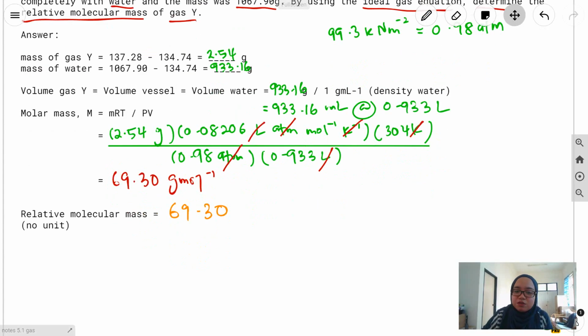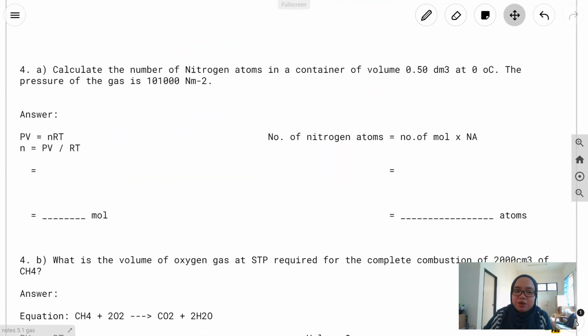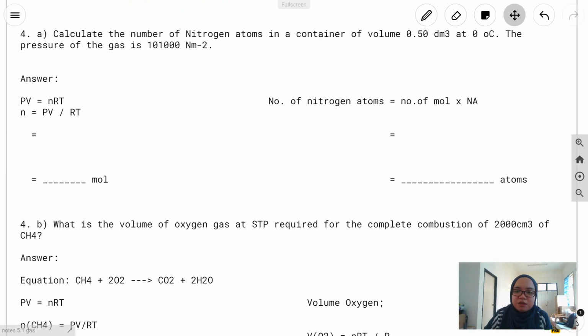Next, we move on to the last question we are going to learn today, question 4. We are going to continue tomorrow lah untuk question lain. So let's look at question 4. 4A asks you to calculate the number of nitrogen atoms in a container of volume 0.5 decimeter cube at 0 degrees Celsius.